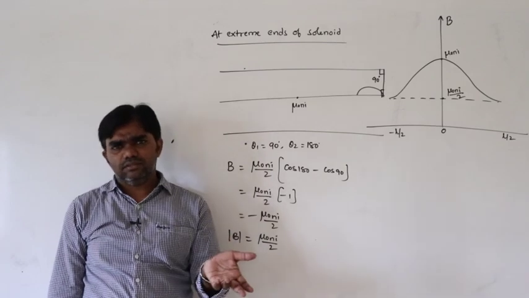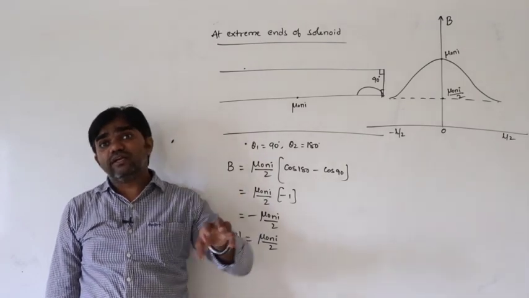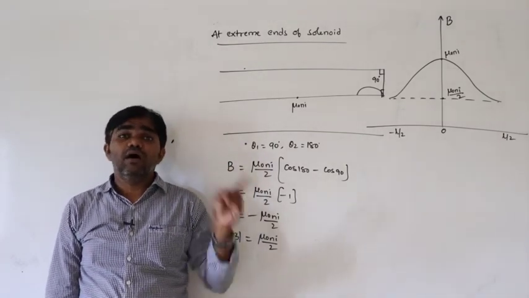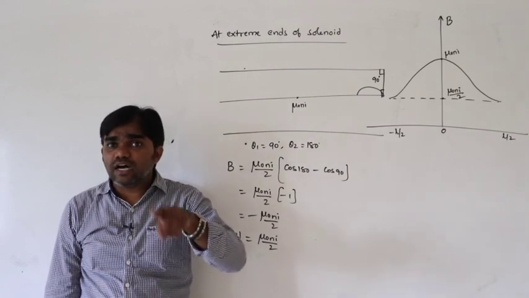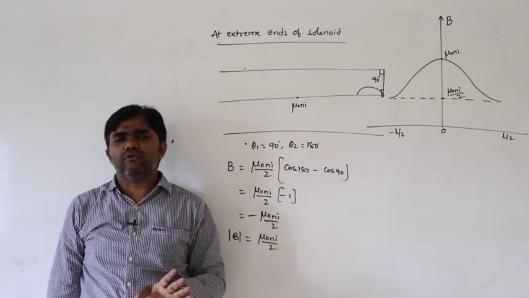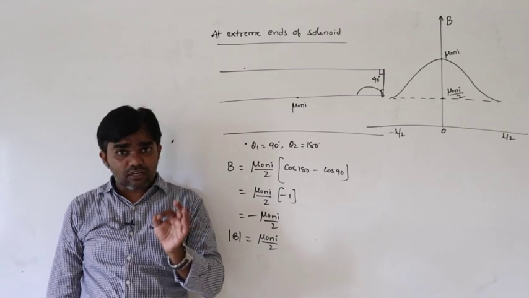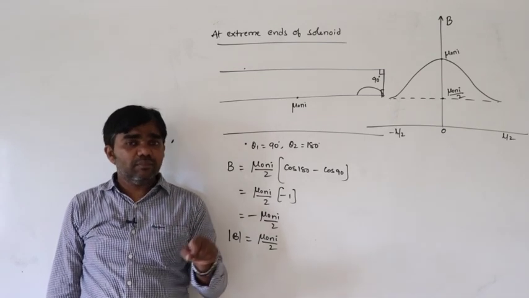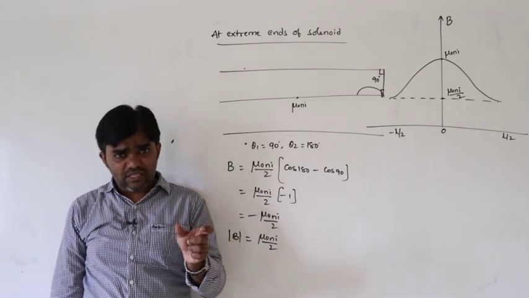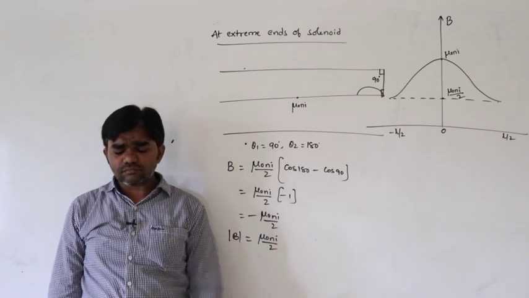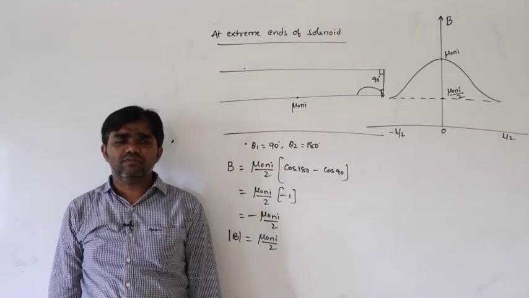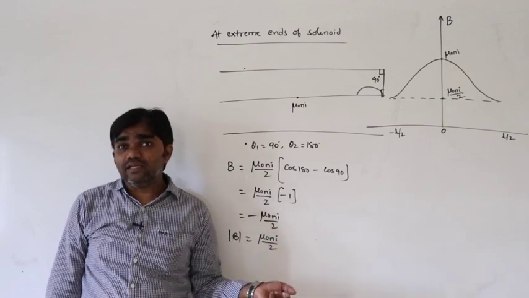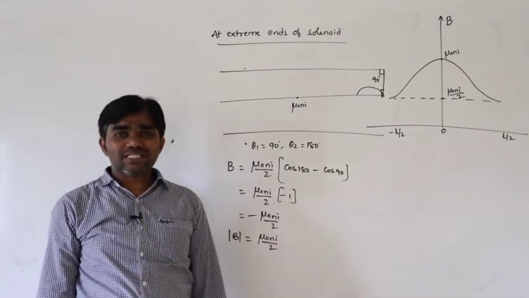But if it is finite length, then you have to remember the formula and whether the angles are measured with the horizontal or with the vertical. That is very important. If measured with the horizontal, we write cos theta 2 minus cos theta 1. If measured with the vertical, we write sin theta 2 plus sin theta 1.